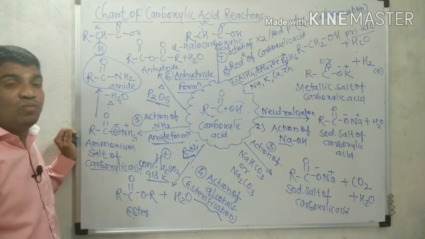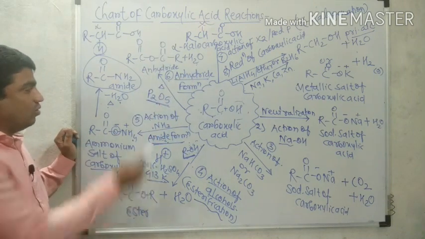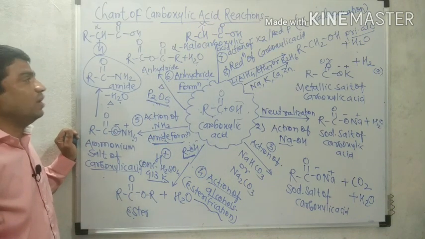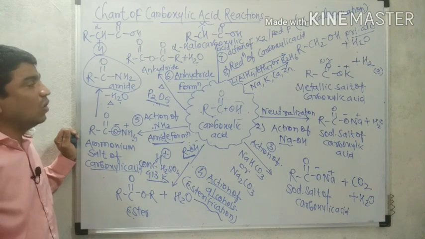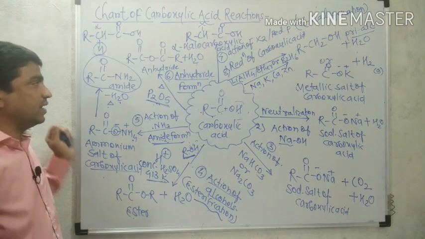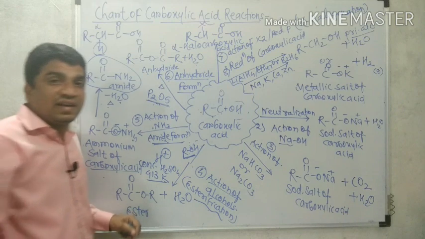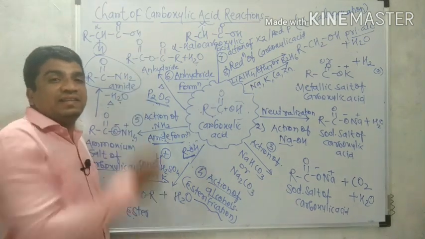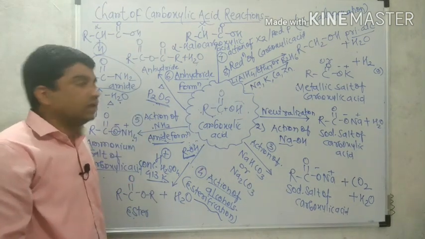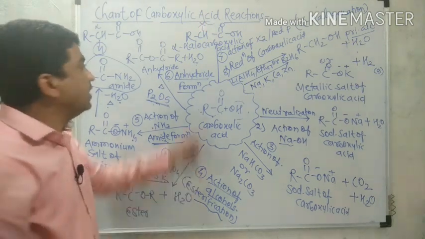This is obtained from two molecules of carboxylic acid by removing a water molecule using P2O5. The reaction is called dehydration reaction or anhydride formation reaction. When formic acid is taken, we get formic anhydride; acetic acid gives acetic anhydride; similarly for all the acids.